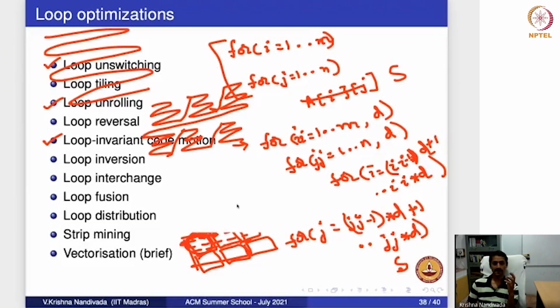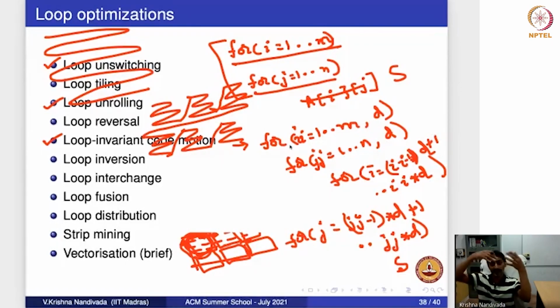So what did I do in loop tiling? I took this two-dimensional loop and made it a loop nest with four levels of depth. The complexity hasn't changed, just that the cache behavior has improved, because the elements which are required are all fetched once. I keep them and keep on reusing them. So that whole block is used once. I'm working one block at a time.